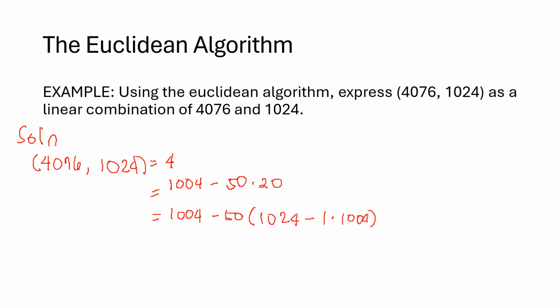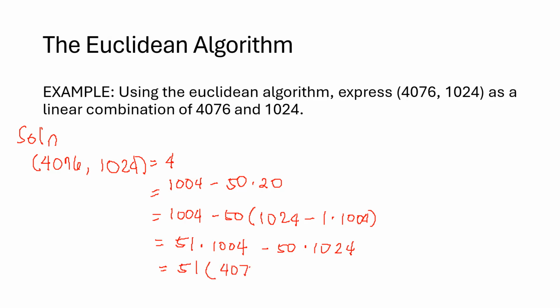And then we can now express this as 51 times 1004 minus 50 times 1024.